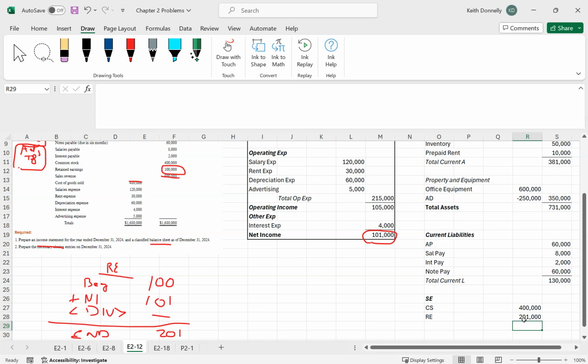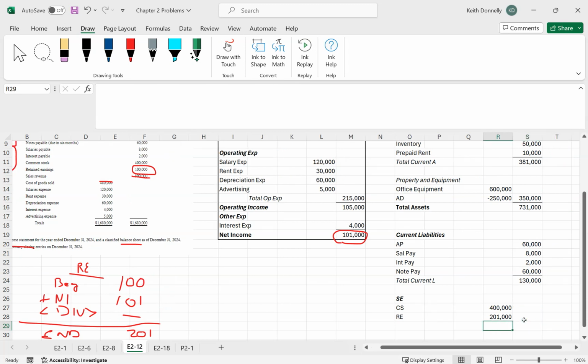So that's a little bit of a trick. You may think, oh, there's the 100,000, let's plug that in. Our balance sheet wouldn't balance if you did that.